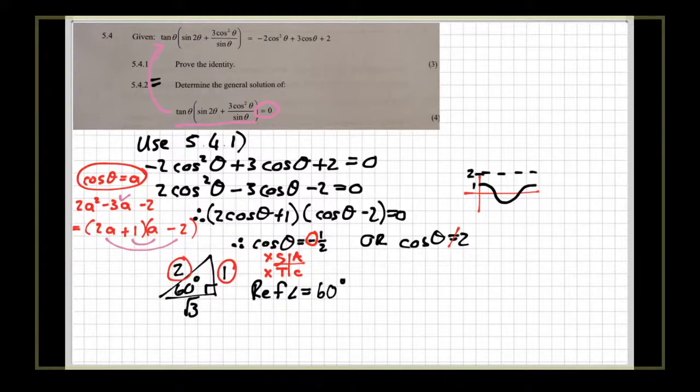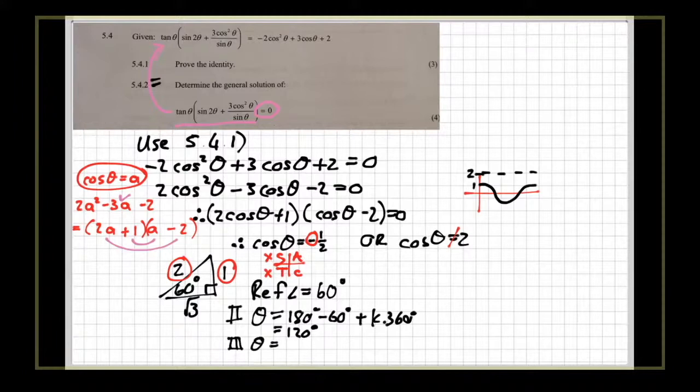This leads me to say in quadrant 2, I've got theta equal to 180 minus 60 degrees plus k times 360, which is 120. And I'm going to skip a step or two. Please forgive me, this is just for the sake of time.